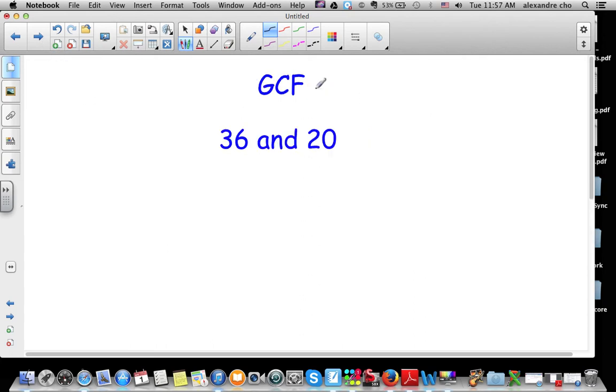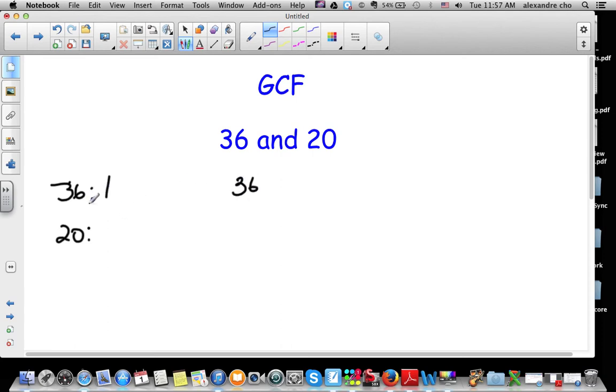GCF, okay, a lot of ways of doing this. Okay, so I guess I'll do it all ways. 36 and 20. Greatest common factor. You're looking for the greatest number that goes into 36 and into 20. One way of doing this is to list your factors. So you can list starting with the easiest one, which is 1 and 36.